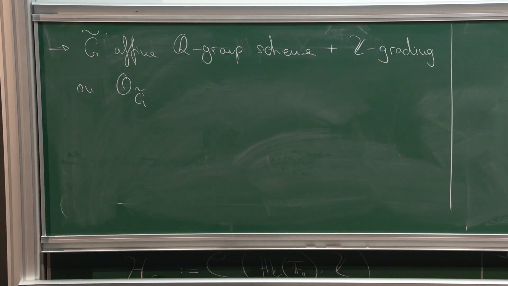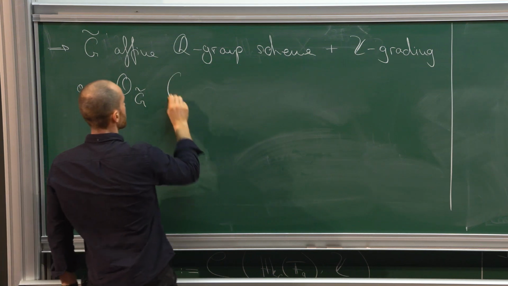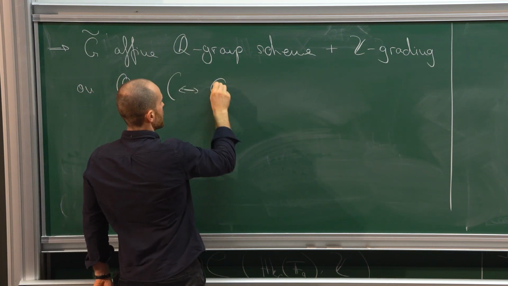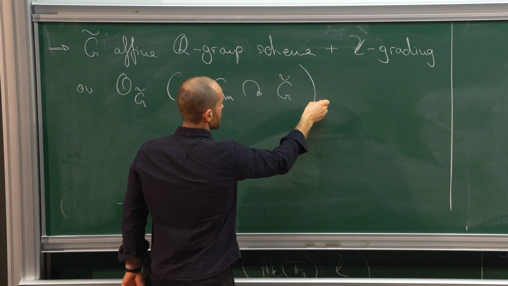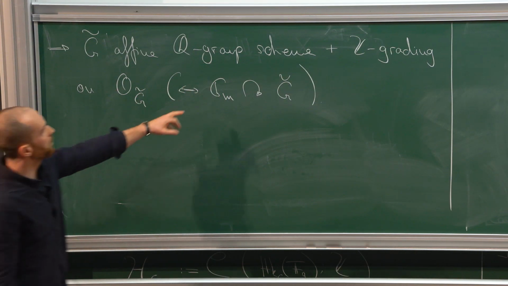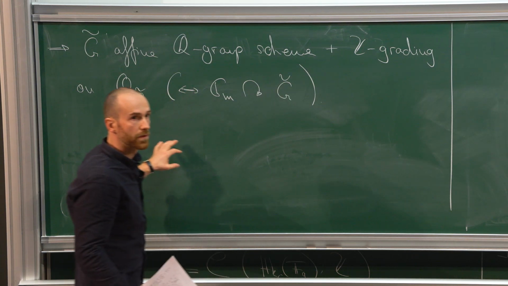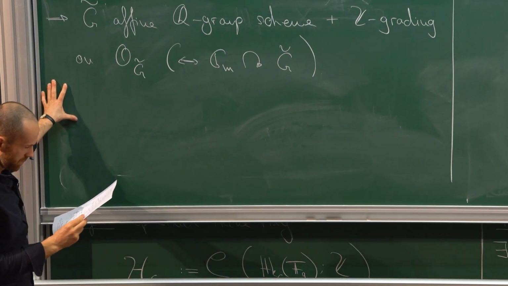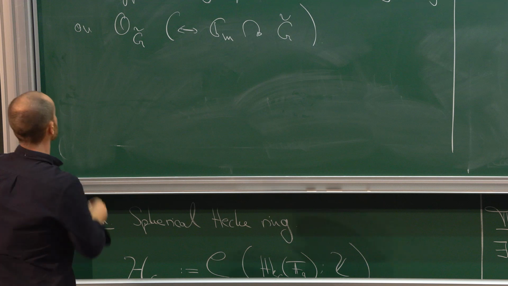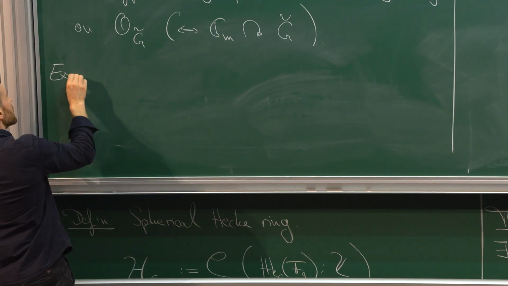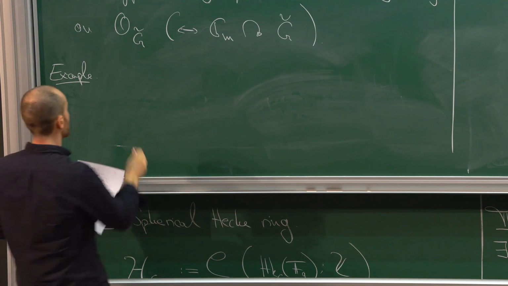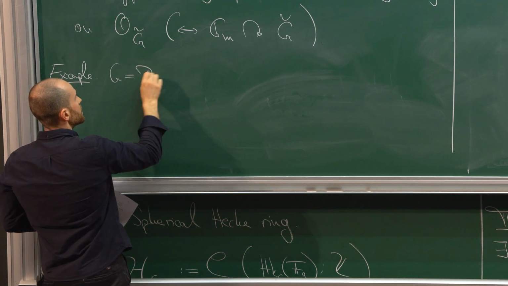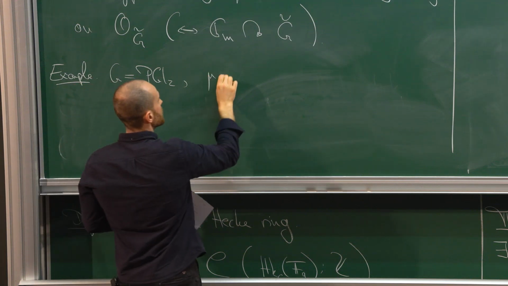And such a Z grading is equivalent to a G_m action on that G tilde. So somehow this extra G_m comes from the presence of the Tate twists here. Let me briefly indicate how this works in an example.